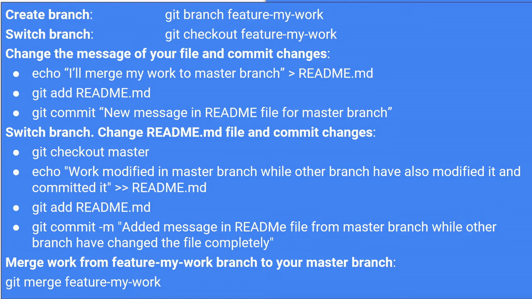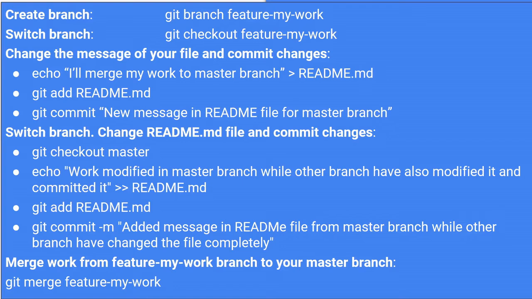So in the master branch, we just switch by doing git checkout master. We just echo a new, just put a new line, an extra line into the README. Git add, git commit with a nice message. And after we merge the work from the other branch.